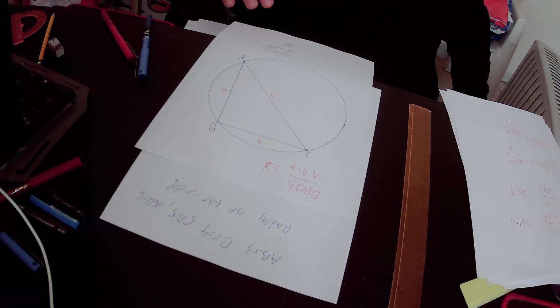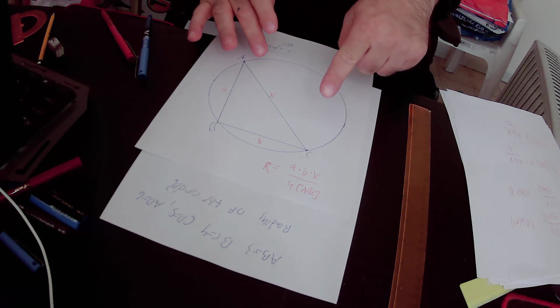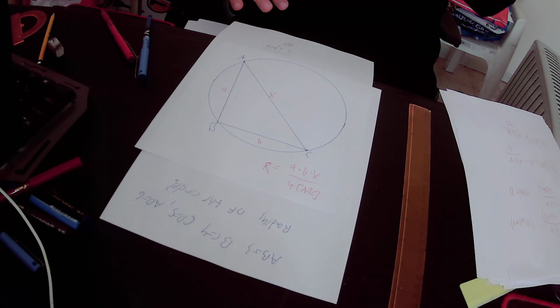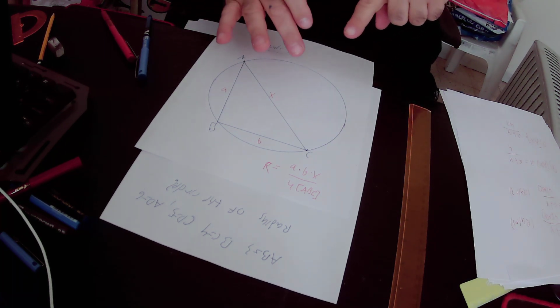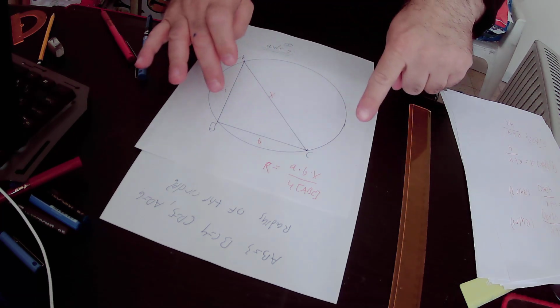Here, X is the size of side AC of triangle ABC, A is the size of side AB, and B is the size of side BC.